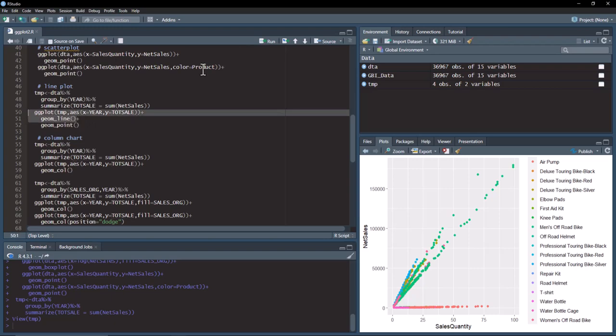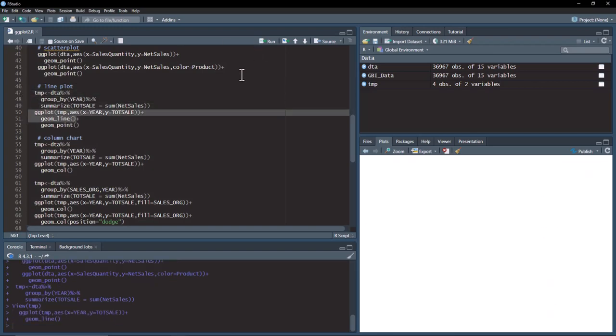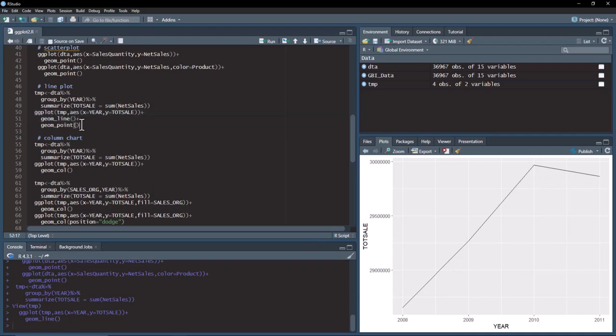So we can run this part here. And notice it creates a line. So I only have 4 points, but 2008 to 2010 and then back down. Well, that means their peak was in 2010. It sort of declined a little bit from there. Well, we can also add another element, which is a second plot.